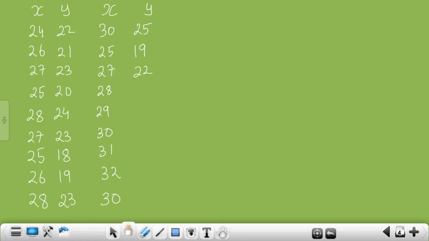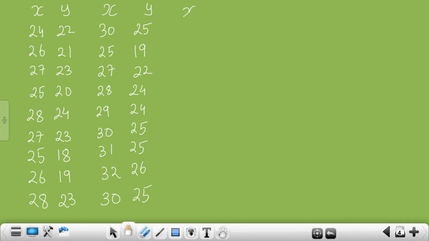Now we need to find x as well as y, so it can sometimes be a little tricky, but don't worry about that, we will see that accordingly. Alright, so we write down the values 25, 25, next is 26 and 25 again.